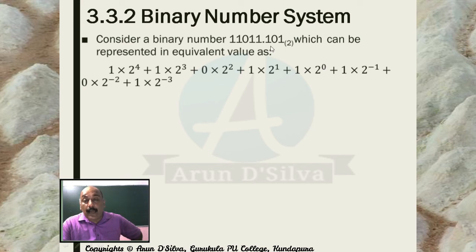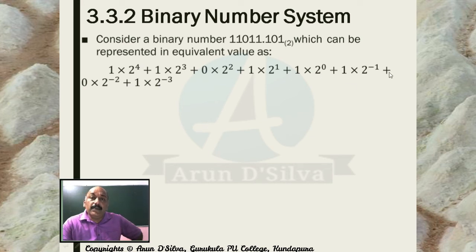Now going from the decimal point to the right, the positions are -1, -2, -3. So 1 into 2 to the power -1, plus 0 into 2 to the power -2, plus 1 into 2 to the power -3. This is the way the number will be represented. This is called positional representation.